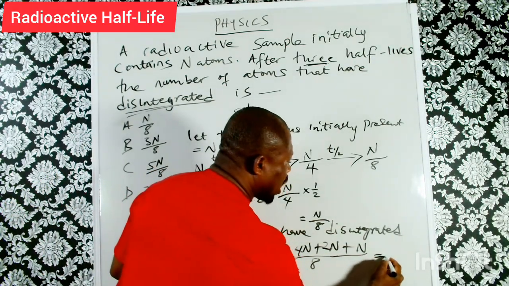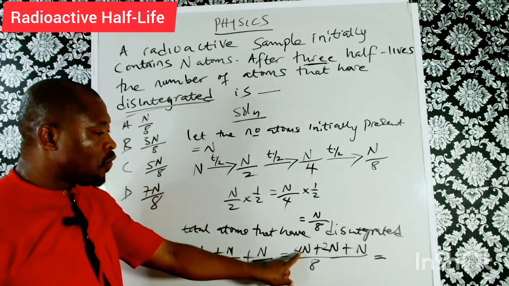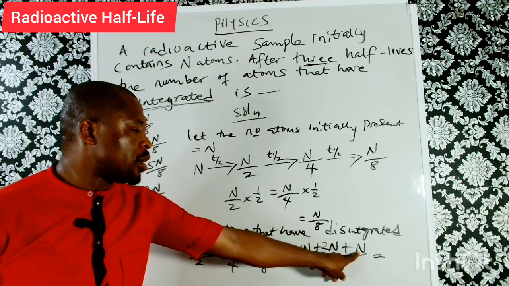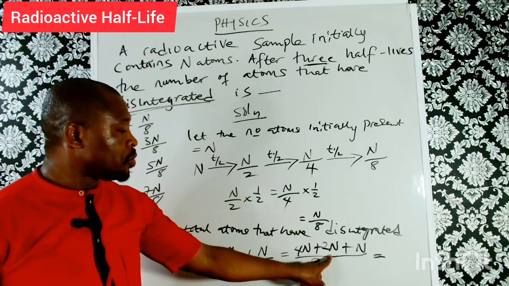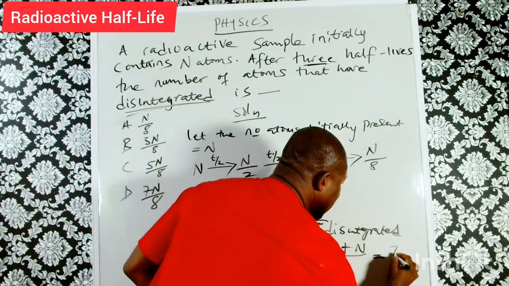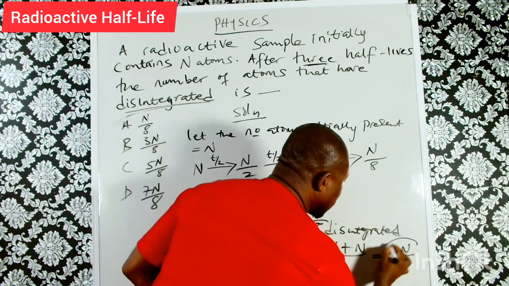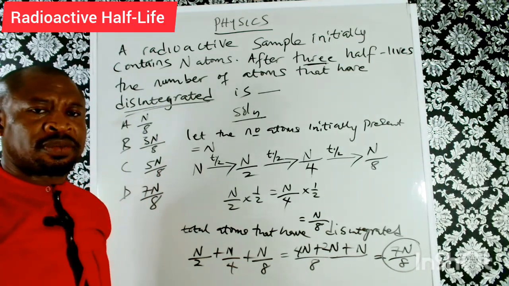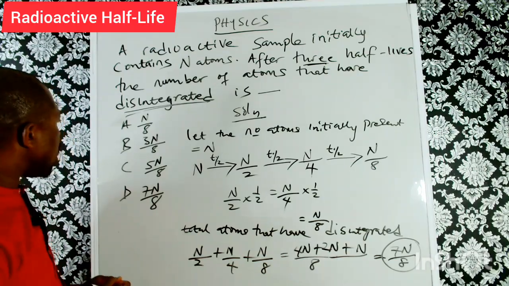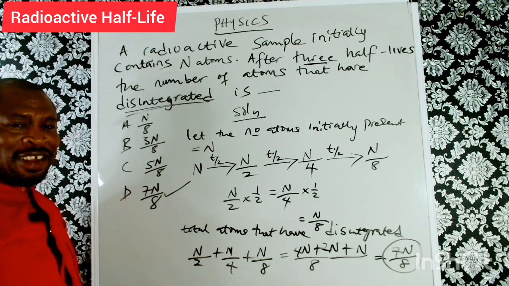Therefore, the total number of atoms that have disintegrated is 4 plus 2 plus 1, which gives 7n upon 8. And of course, this is the fraction that have decayed, not the fraction that is remaining. And of course, it will give us option D.